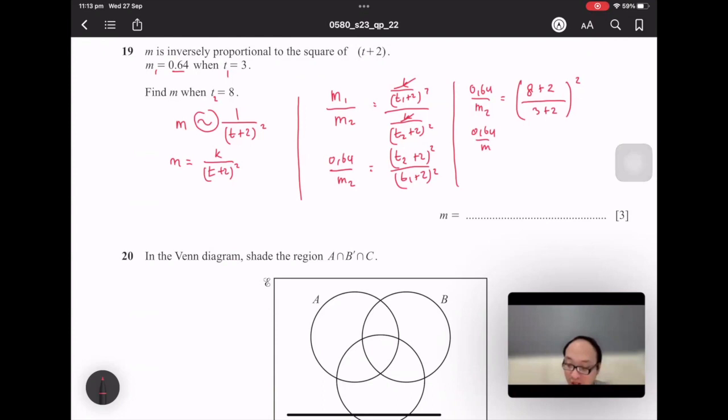So this one equals 10 over 5. So 0.64 over M2 equals 2 squared. So that means M2 is 0.64 over 4, which equals 0.16.